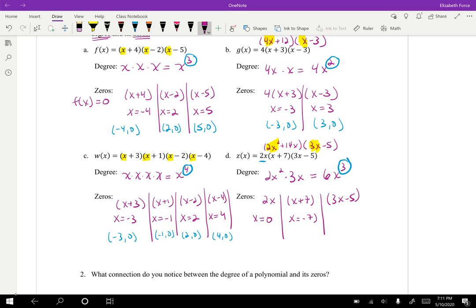Negative 7. And then this one, remember, you want to add the 5 over and divide by the 3. So this is just 5/3. Let me erase that. So I have 3 zeros, or x-intercepts, at (0, 0), (-7, 0), and (5/3, 0).